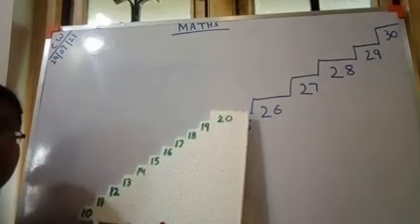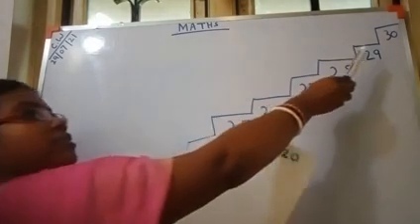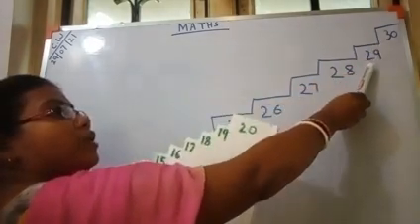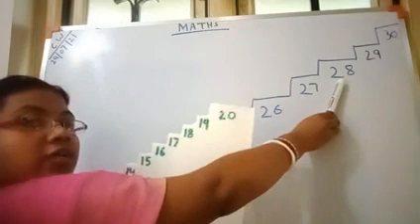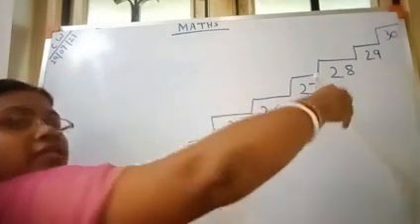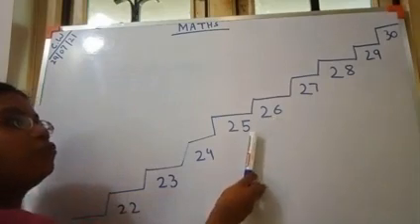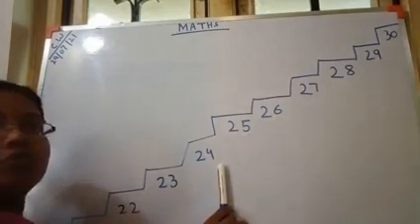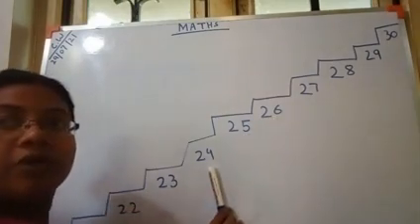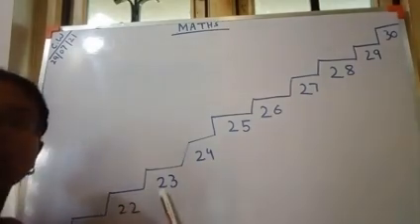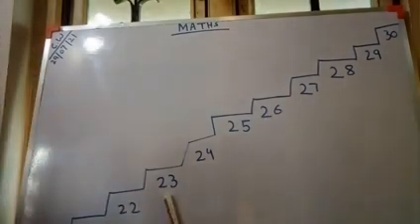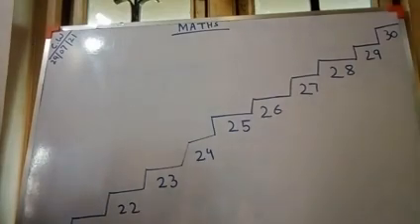So children, again 30, 29, backwardly we are counting, 28, 27, 26, 25, 24, 23, 22, 21, 20.